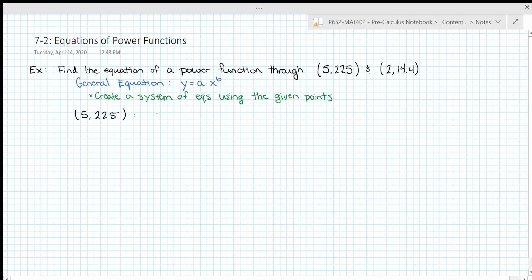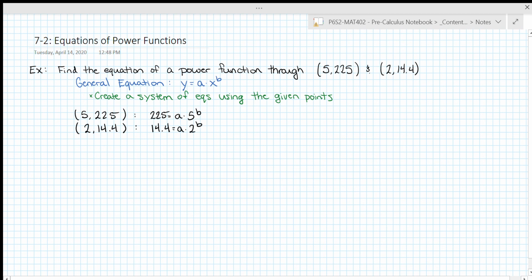We have y equals a times x to the b, and I'm just going to substitute. I know that y is 225 and that x is 5. And I'll do the same thing for the point (2, 14.4). My y is 14.4, a times x, which is 2, to the b power.